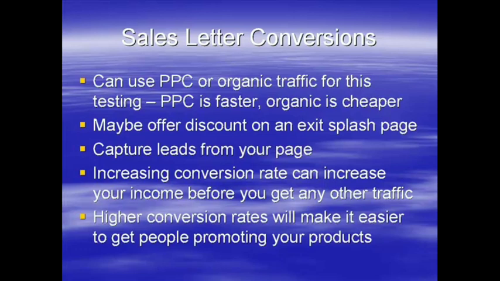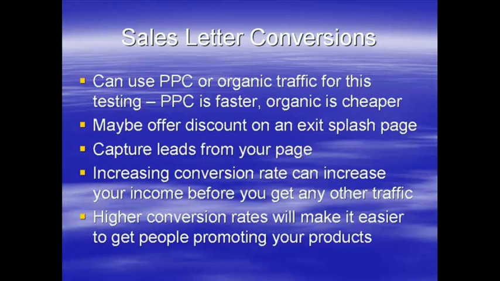If you are marketing information products, higher conversion rates is going to make it much, much easier for you to get people promoting your product. If you can tell your affiliates or joint venture partners that, well, I have a 5% conversion rate in this sales letter, they will leap over themselves to promote it, because a lot of sales letters may have 0.5 to 1%. So having a conversion rate like that means they're going to make 5 times as much money. So of course they're going to be very, very interested.